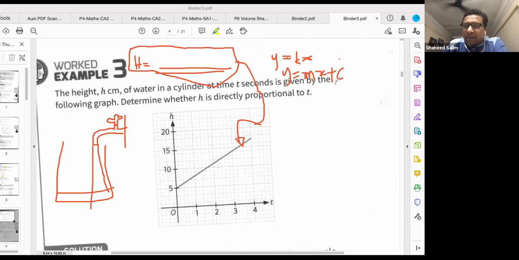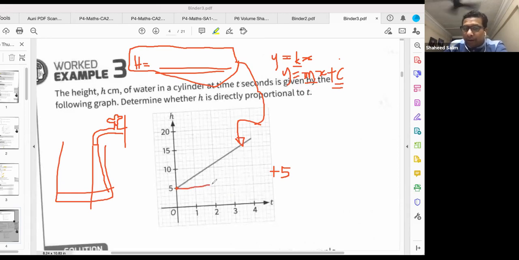What is c? c is the y-intercept. What is the y-intercept? The y-intercept is where it cuts the axis. So in this case, it's 5. So plus c means plus 5. m is the gradient, and the gradient and k are similar.